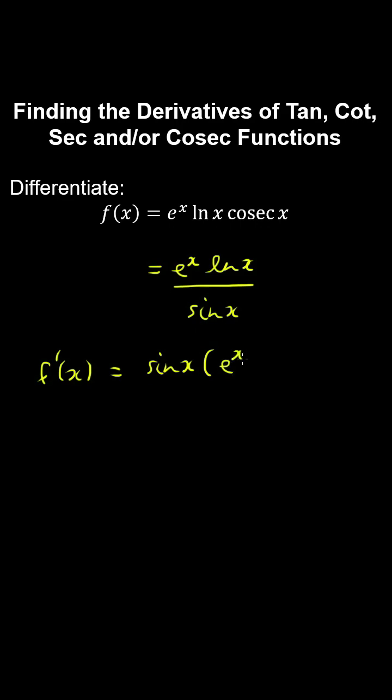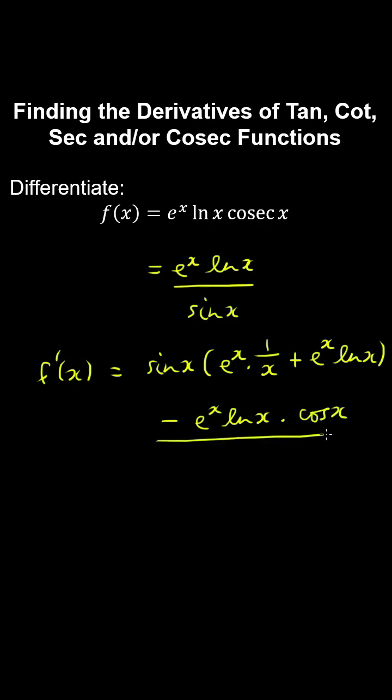So keeping e to the x constant and differentiating the natural log of x, and then differentiating e to the x and keeping the natural log of x constant. And we subtract high, which is the upper function kept constant, and multiply this by d low, which is cosine x. And that's divided by the lower function squared. And I'll just leave it for you to simplify this further.